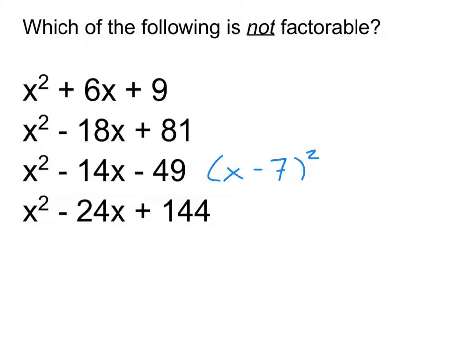What is negative 7 squared? Yeah, since negative 7 squared is a positive 49, not negative, that's a problem. We can never have a negative there in front of the 49 if this is going to be factorable. Therefore, yeah, the third one is our answer. The third one is not factorable out of these 4. All the others, they are factorable.